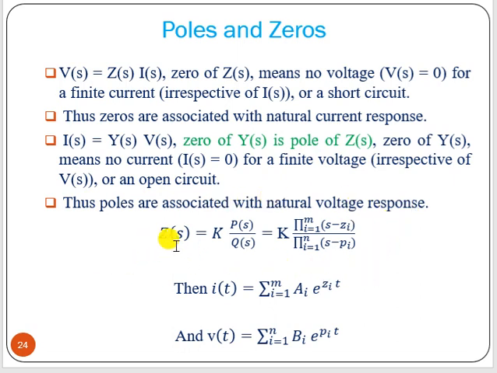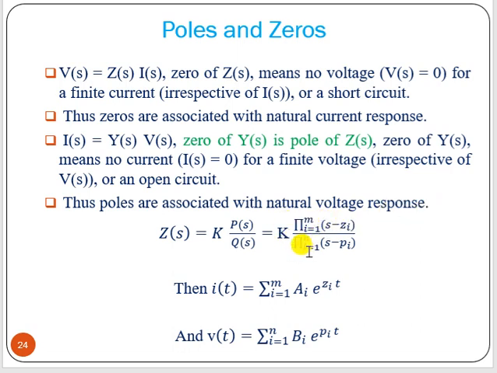Thus we can write Z equal to K P(s) by Q(s), and this P(s) we can write as a continued product, product for i equal to 1 to m of (s minus zi), that is factorized.